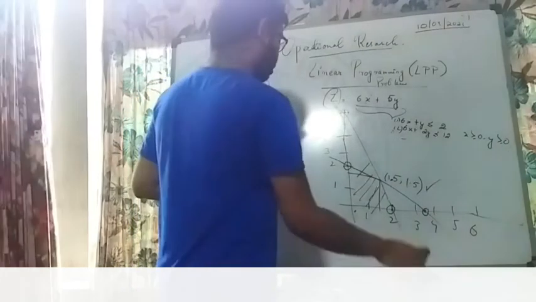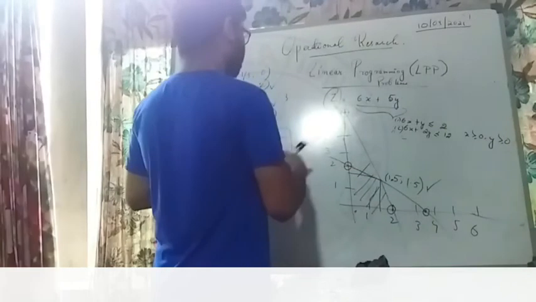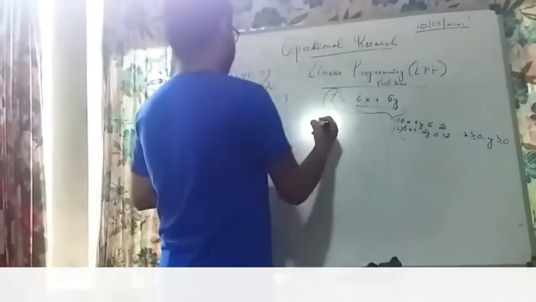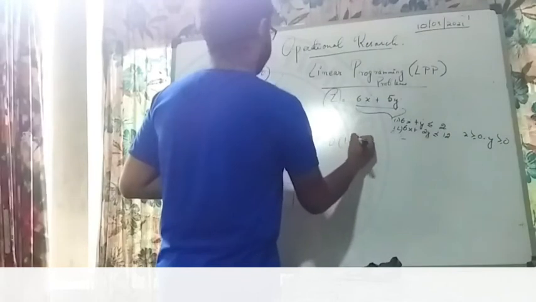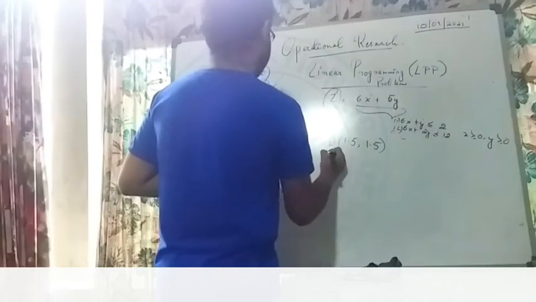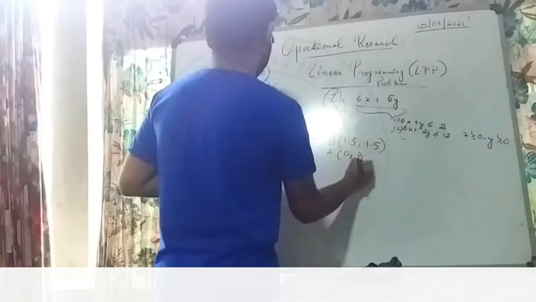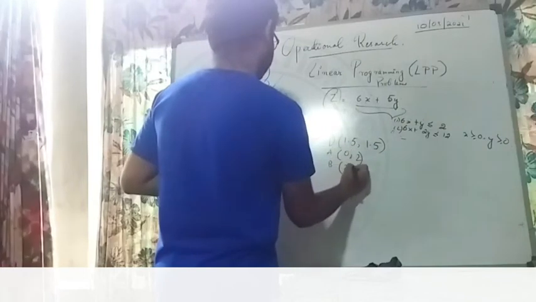The three coordinates which we got are D: 1.5 comma 1.5, A: 0 comma 2, and B: 2 comma 0.